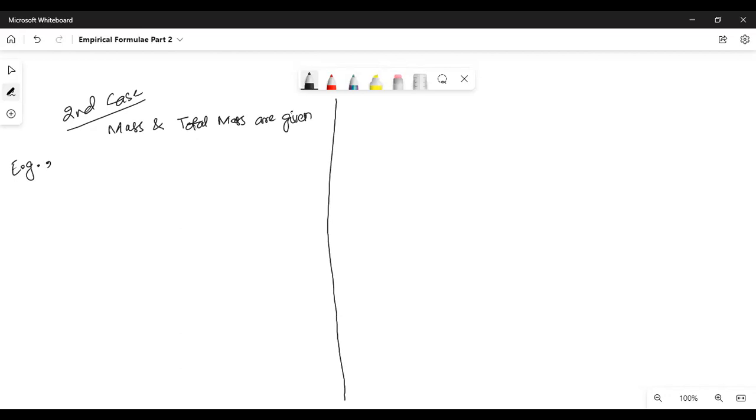Let's suppose you are given this. How would you calculate it?